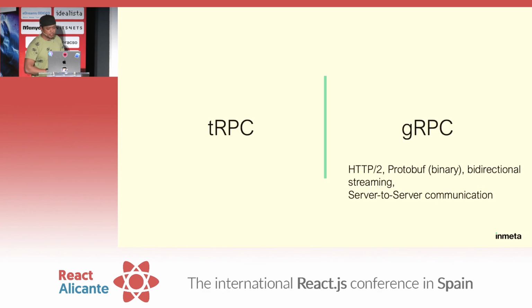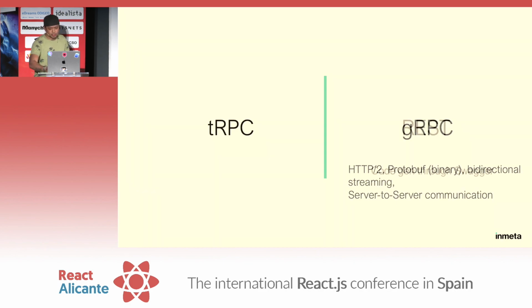And here, gRPC is a protobuf binary bidirectional streaming RPC, which allows a client to send a stream of messages to a server, and the server responds with a stream of messages, and it was made at Google. So that's gRPC. A very quick overview.